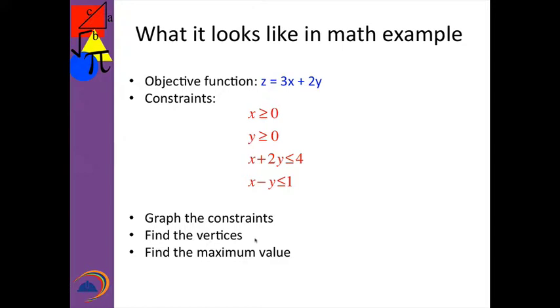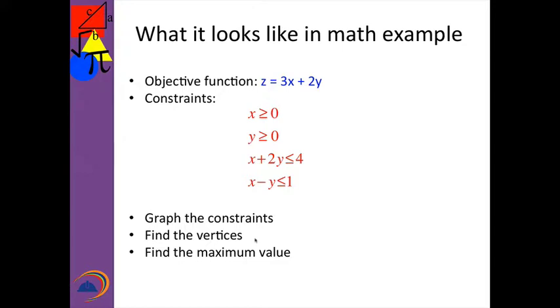Those are normal constraints unless something in the problem tells you it has to be larger, because in real life problems we don't often get anything that could be negative. Then we're going to graph x plus 2y is less than or equal to 4, and x minus y is less than or equal to 1.